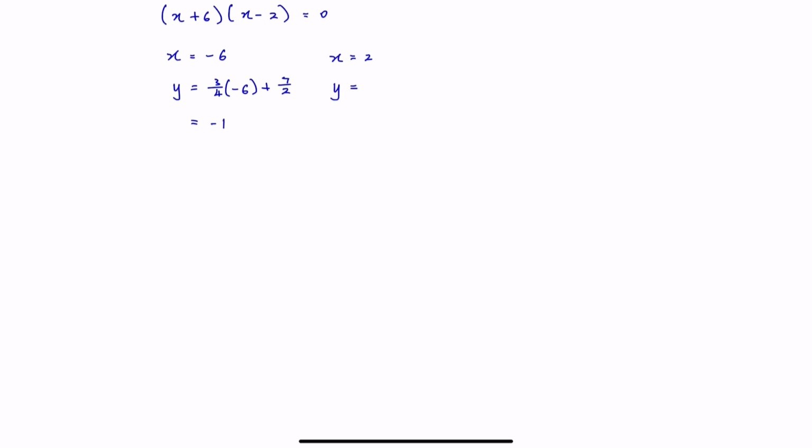And when x is equal to 2, we have y equals 3 over 4 times 2 plus 7 over 2, and this would give us 5. So D can be (-6, -1) or (2, 5). So these are the two possible coordinates of D. And that's it for the paper.